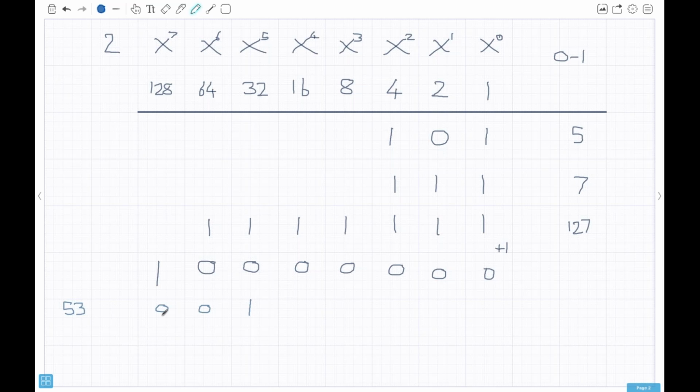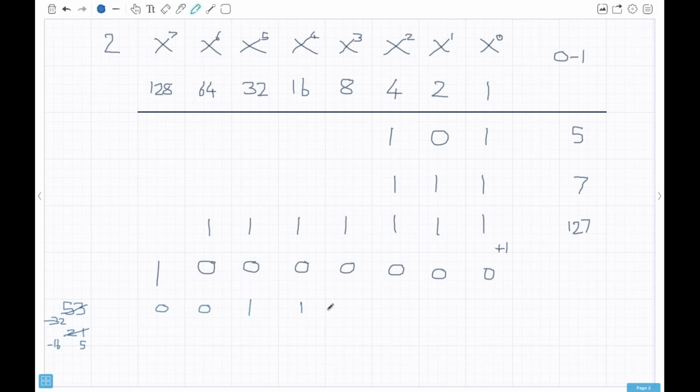Now, when you subtract 32 from 53, that becomes 21. So we have 21 left. So 16 is smaller than 21, so we'll have one of those, please. So now you subtract 16, and that becomes 5.